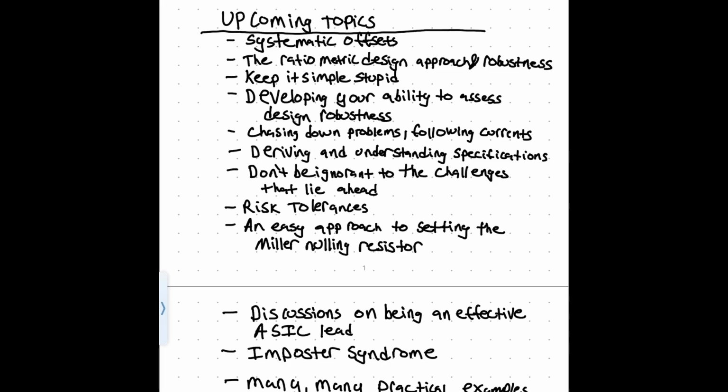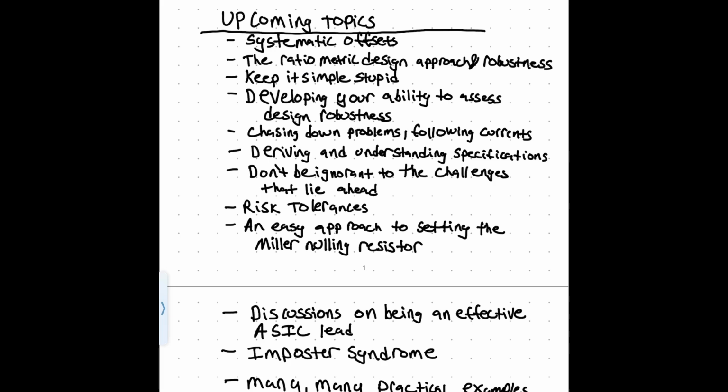I want to talk about developing your ability to understand when a design is not going to be robust. You can start to look at different topologies within different articles online, and you will immediately be able to tell if it's something that's even worth your time or not. That's a learned skill. It takes time, but it can be done.